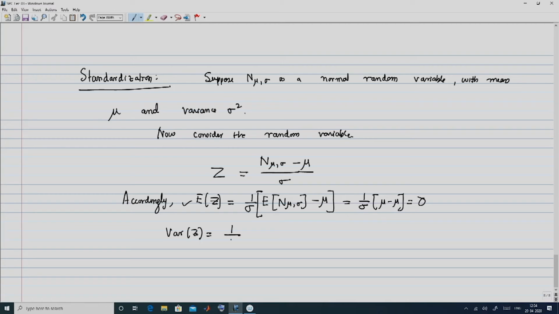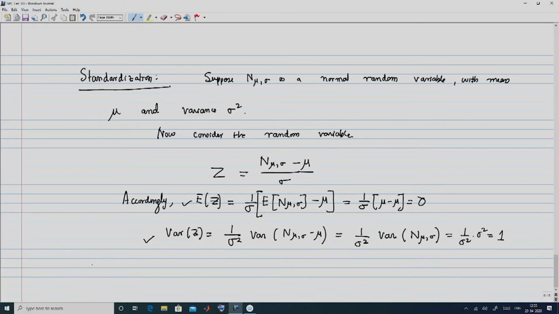Using the property of variance of a x equal to a square variance of x, this is going to be 1 over sigma square variance of n mu sigma minus mu. Now remember that the variance of a random variable plus a constant is nothing but the variance of the random variable. So this becomes 1 over sigma square variance of n mu sigma. And remember, the variance of n mu sigma is just sigma square, so this turns out to be equal to 1. So now we know that the random variable z has a mean of 0 and a variance of 1.